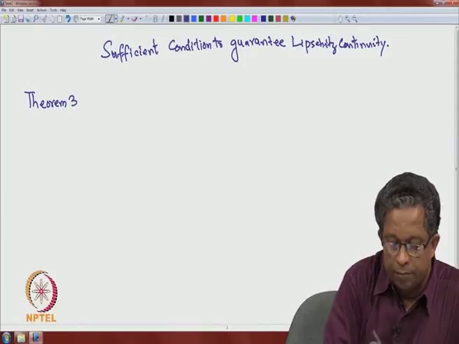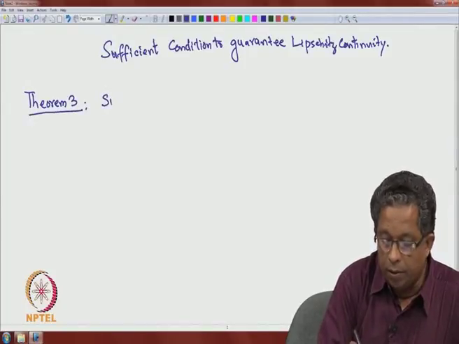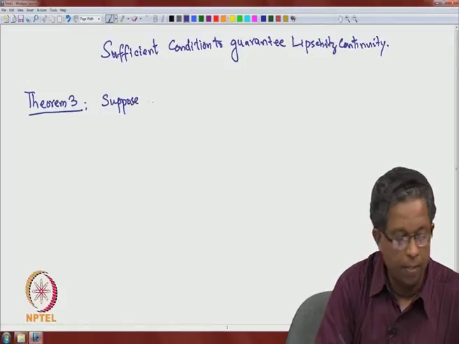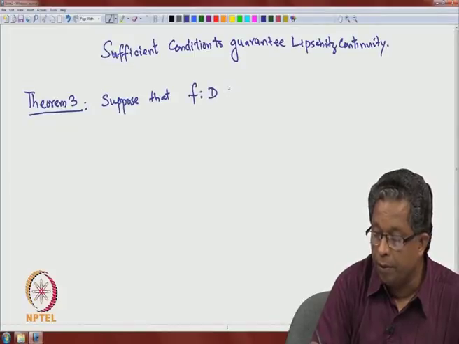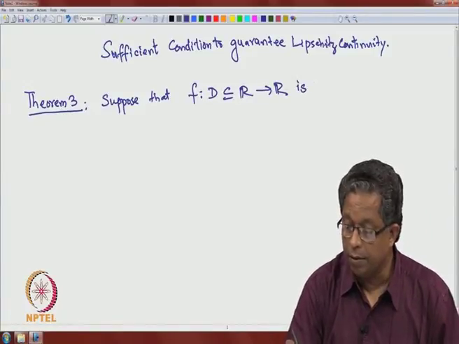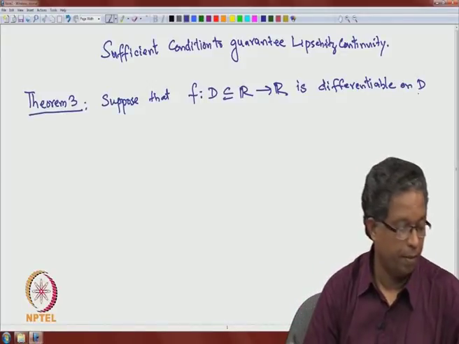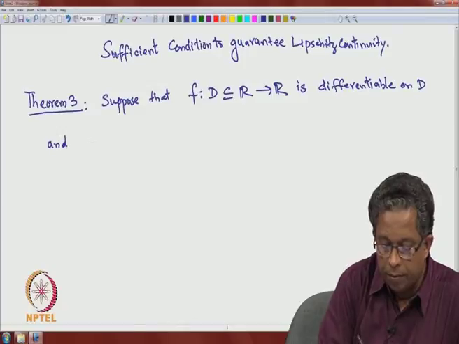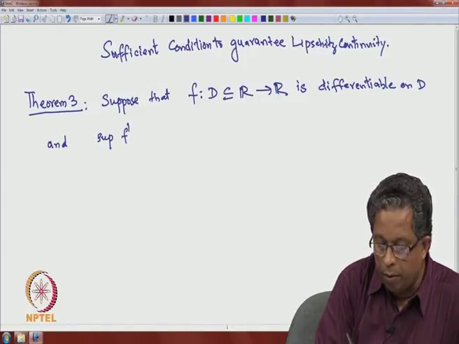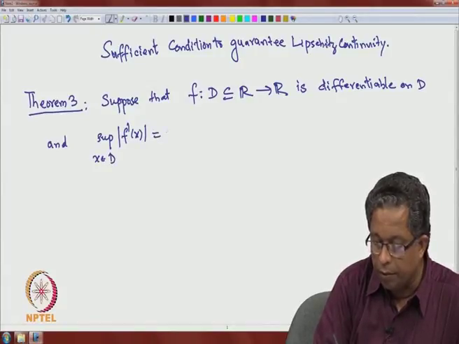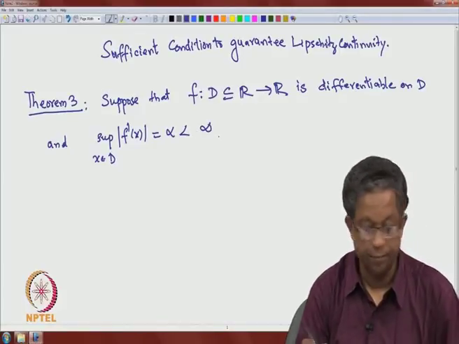Theorem 3. Suppose that f is a function from D, which is a subset of R, mapping to R, is differentiable on D, and the supremum of the absolute value of the derivative when x varies on D, say alpha, is a finite quantity.